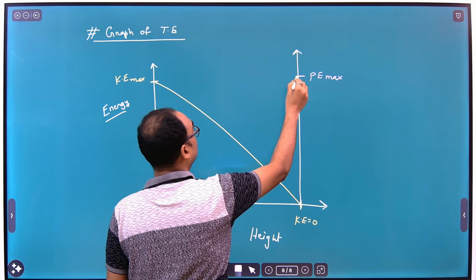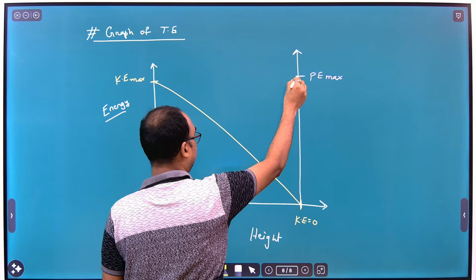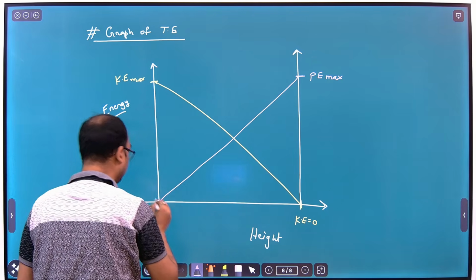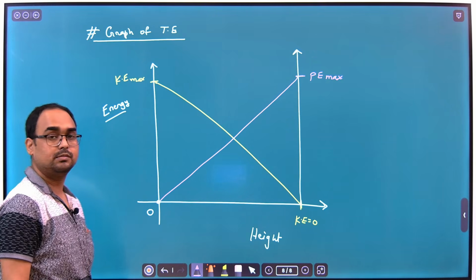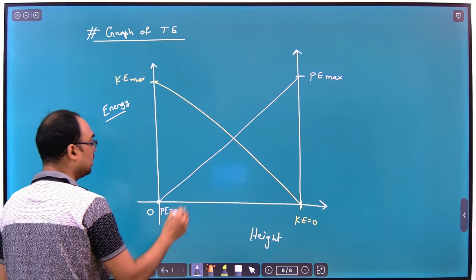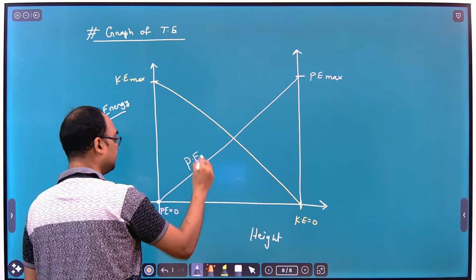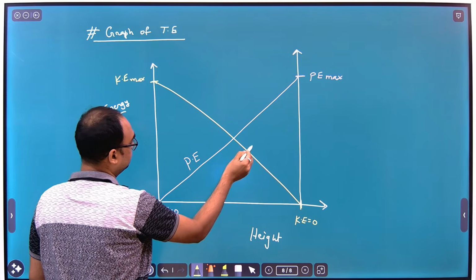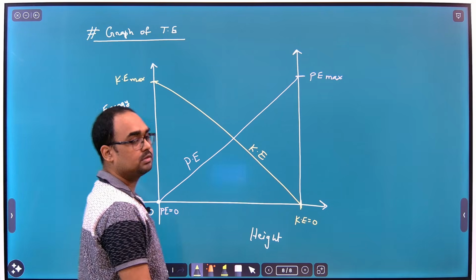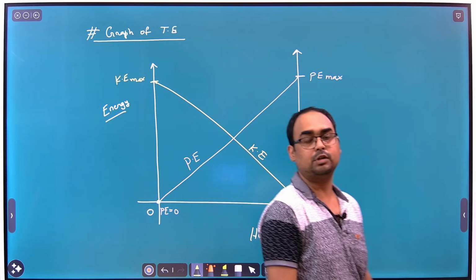And with the decrease in height, potential energy became 0. So this is the potential energy graph and this is the kinetic energy graph. That is the graphical representation between kinetic energy and potential energy.